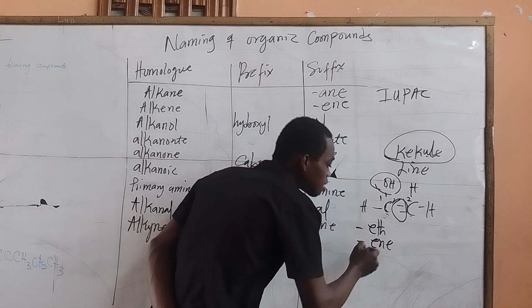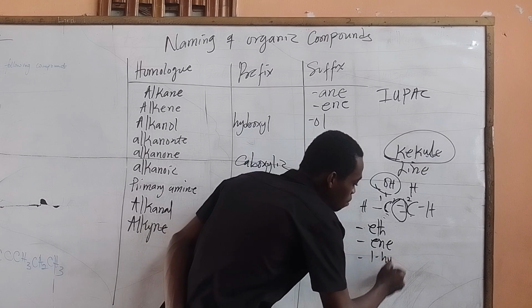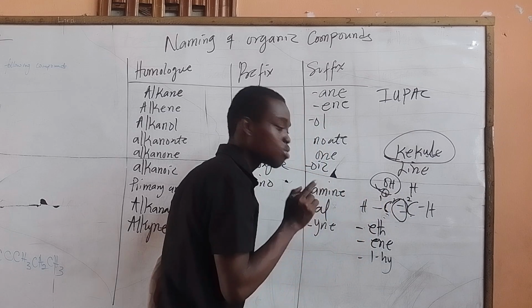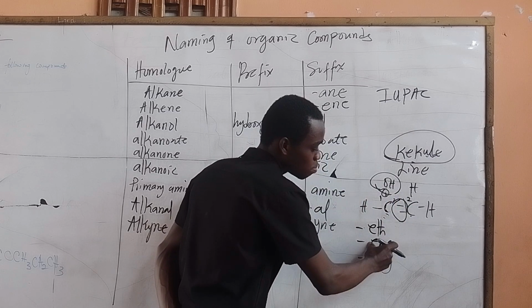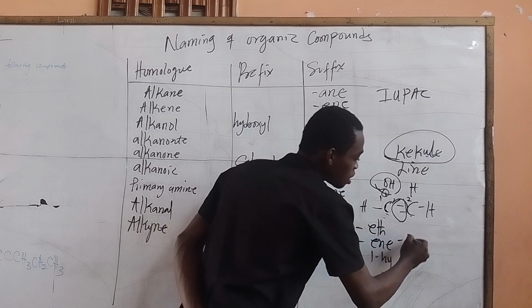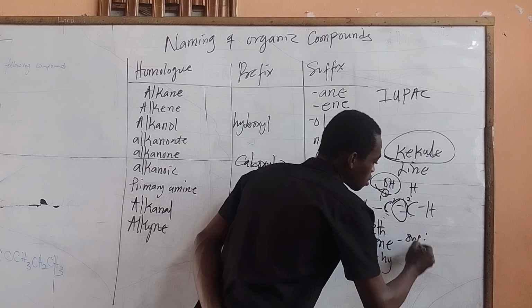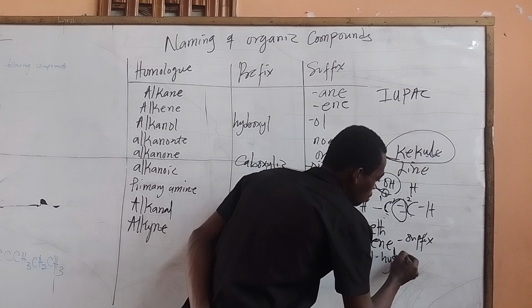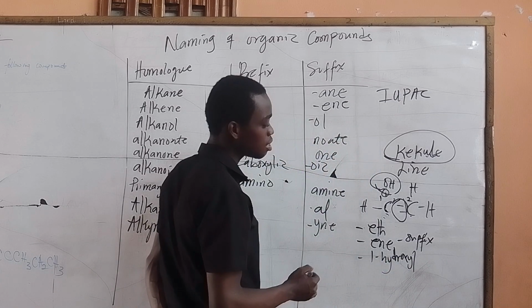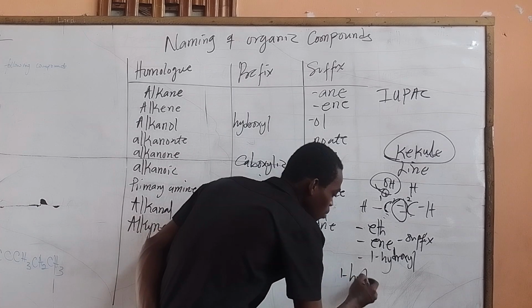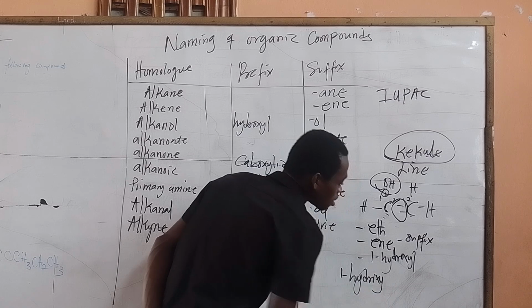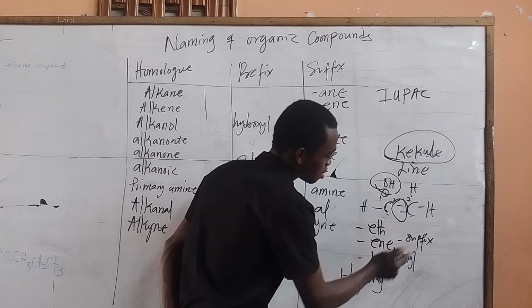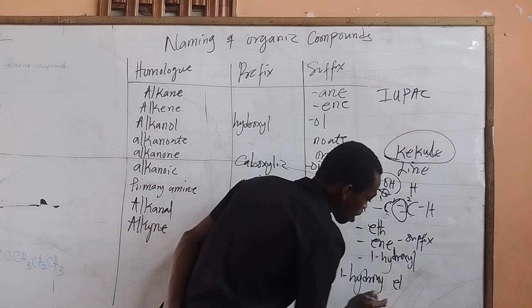So this is 1-hydroxyl because I have a principal substituent, ene. A double bond is greater than a single bond. So I will take the double bond to be the principal substituent, that means to be the suffix. So I have 1-hydroxyl.